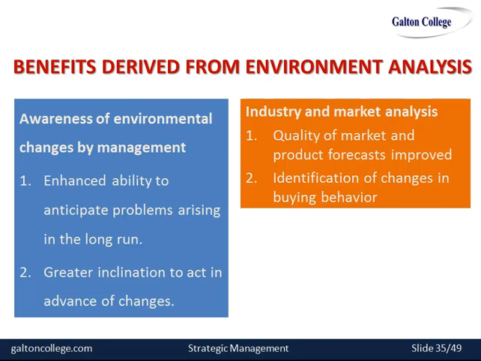Try to identify changes in buyer behavior. It may be that the buyers have more disposable income and are looking for better quality, or the buyers are looking for something more high-tech, or the buyers are just simply switching their lifestyles away from this product completely and they want to have something completely different.